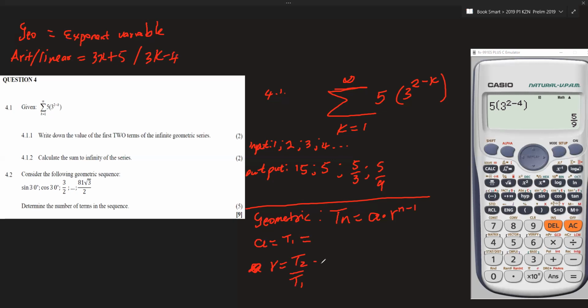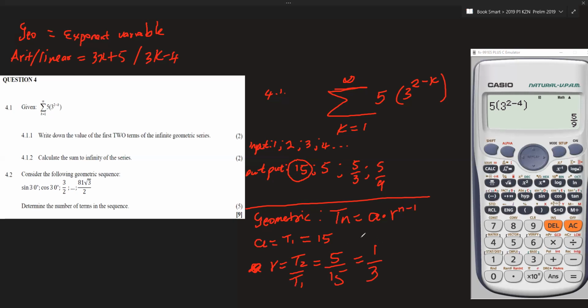From your plan, you can easily see that your first term is 15, so your a must be 15. Your second term is 5. So to get r, I substitute the second term, 5, all over the first term, 15. If you press the calculator here, you should get 1 over 3.